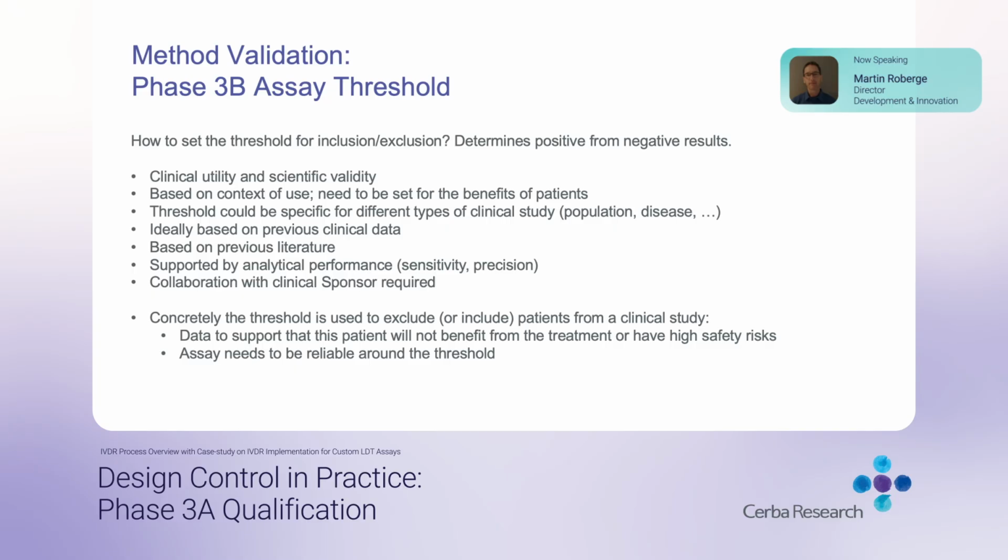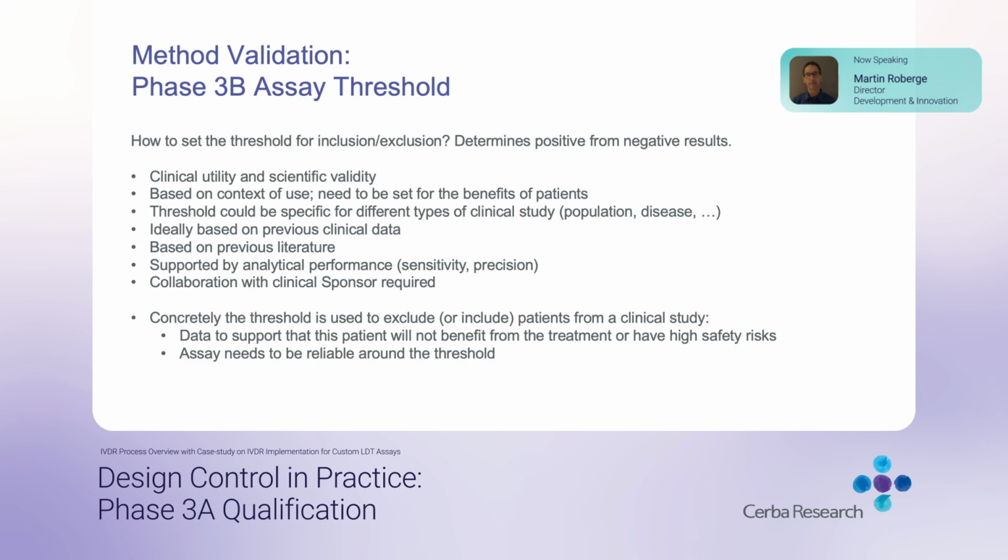So the clinical utility of the assay will be very important here and will need to be backed up with scientific validity as well. It needs to be based on context of use and set to define the benefits for the patients. The threshold can be specific for different types of clinical study, because for one population, we're expecting lower signal. For the other disease population, we can use a different threshold.